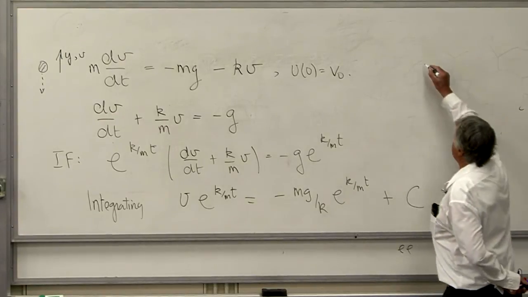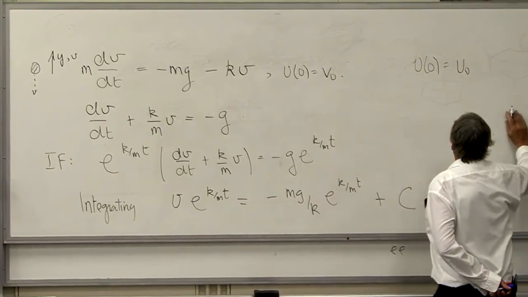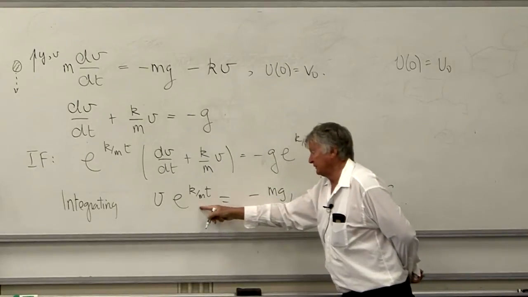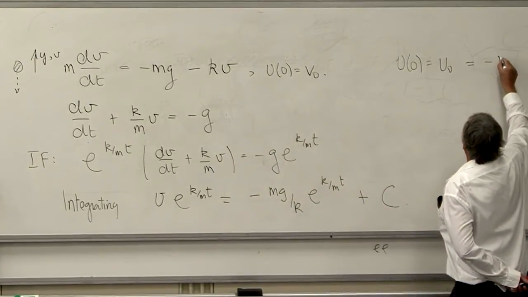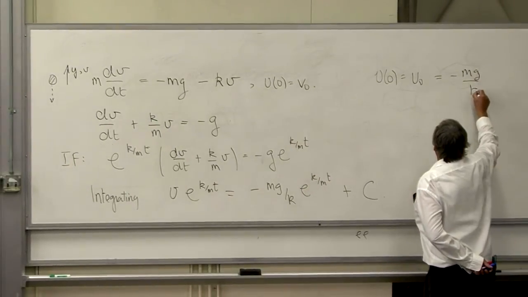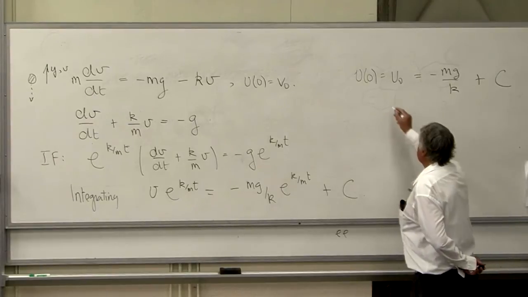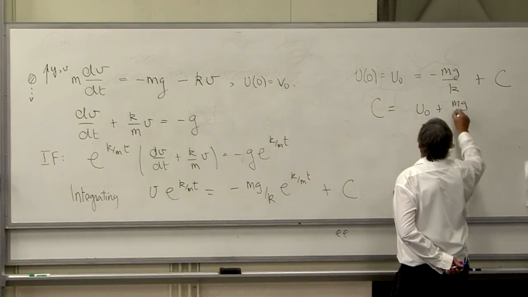Initial conditions: v of 0 is v0. That implies that at t equals 0, that's just v0. This is minus mg over k plus c. So c is equal to v0 plus mg over k.